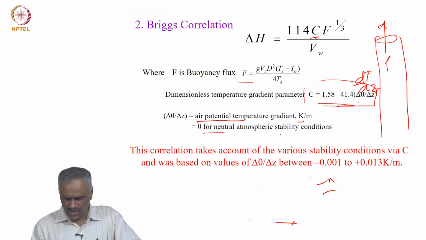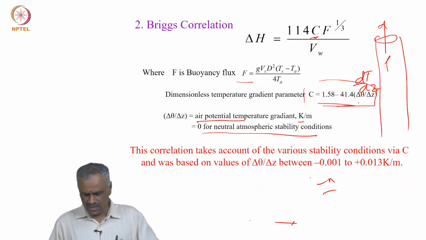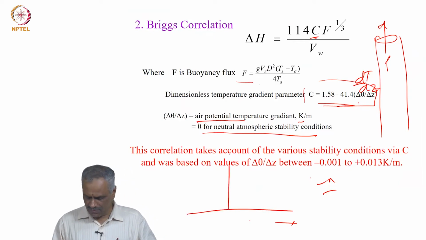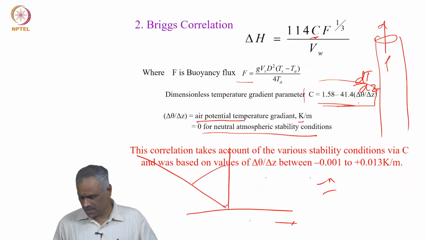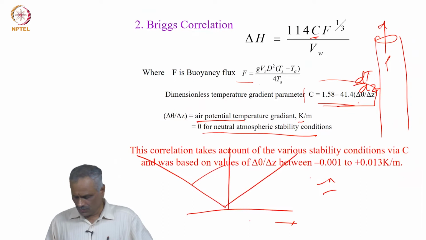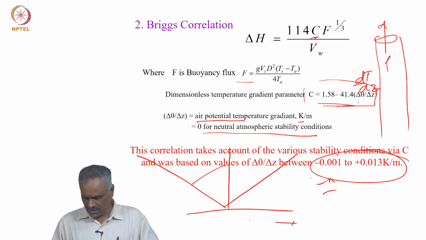So for neutral stability, that means it is 0, there is no change in temperature with the altitude, then it is a neutral kind of thing. If it is negative, that means it decreases, and if it increases it will be like this with the height. So these values are taken for stability.